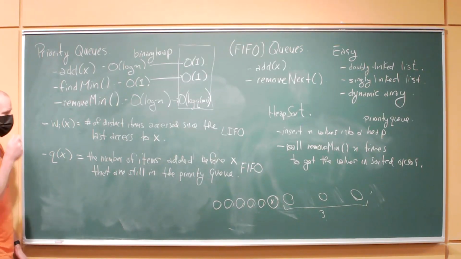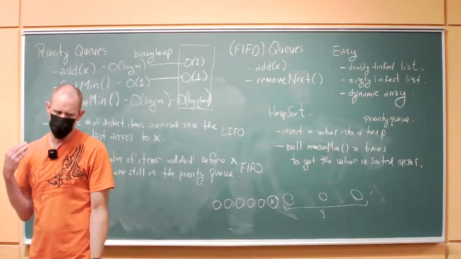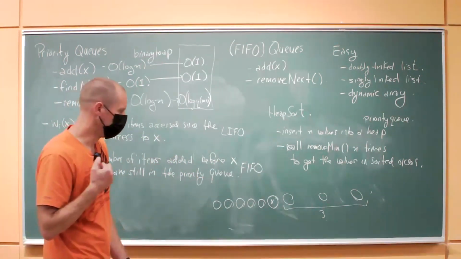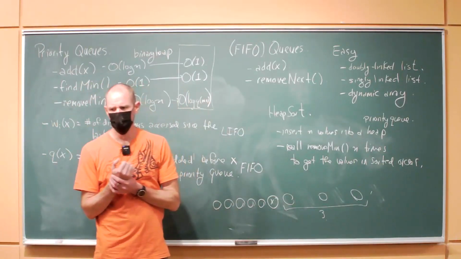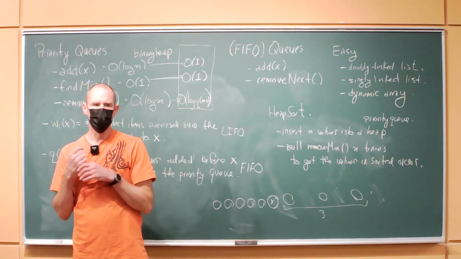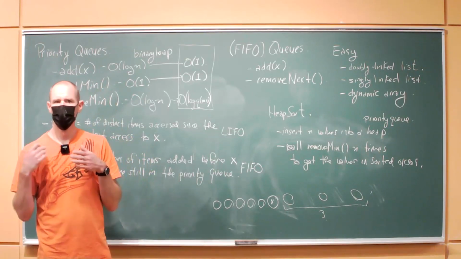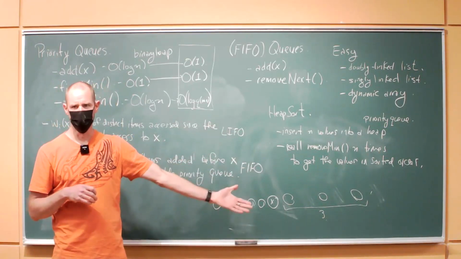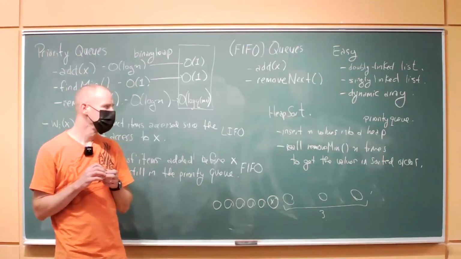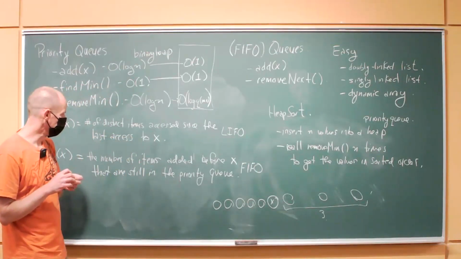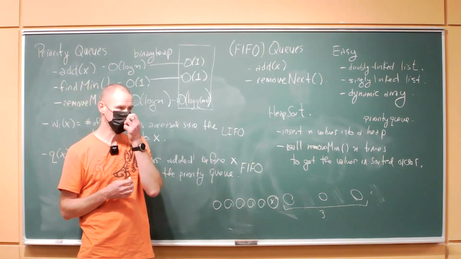And besides this heapsort motivation, there's lots of real world situations that you can imagine where in general the first one to come in is the first one to come out, except in a few special circumstances. So I went to Canada's Wonderland with my kids this summer.